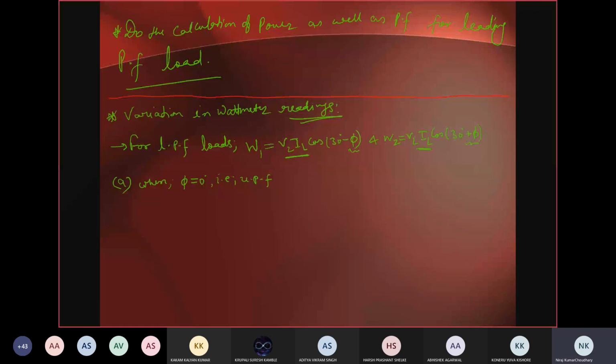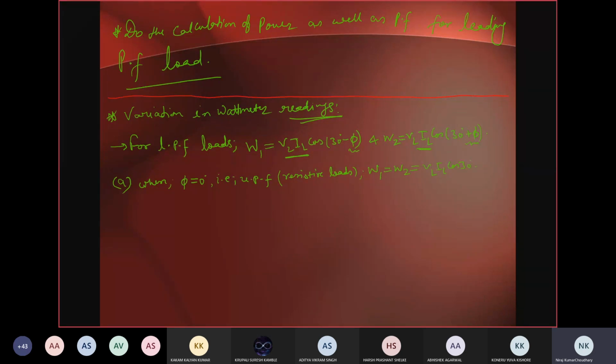You know the example of unity power factor loads in an electrical system. These are basically purely resistive loads. So in this condition, when phi is equal to 0, W1 will be equal to W2, equal to VL IL cos 30 degree.